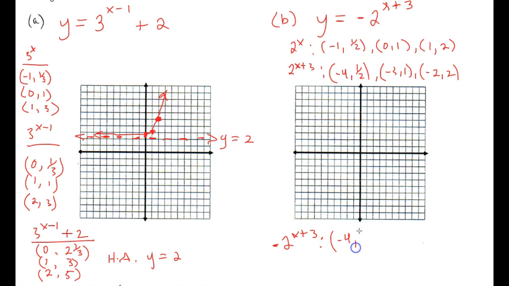So we have (-4, -1/2), (-3, -1), and (-2, -2). So those are our points now. So the horizontal asymptote for this, since we didn't have a vertical shift up or down, is still on the line y equals 0, which is the x-axis.